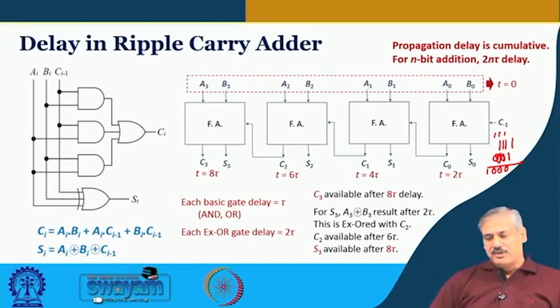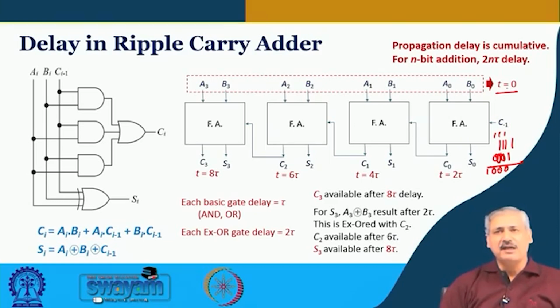Okay. So, if we place the numbers at time t equal to 0, and we assume that each basic gate has a propagation delay of tau, minor variation can be there, it is approximately tau for each one of them, right.